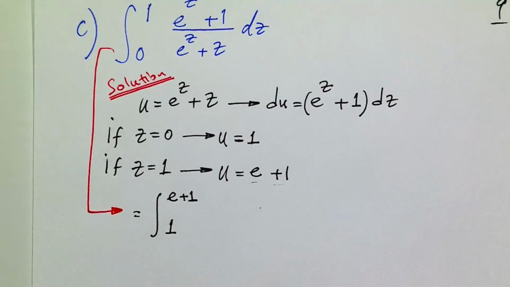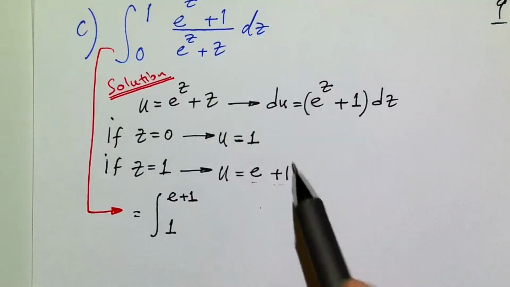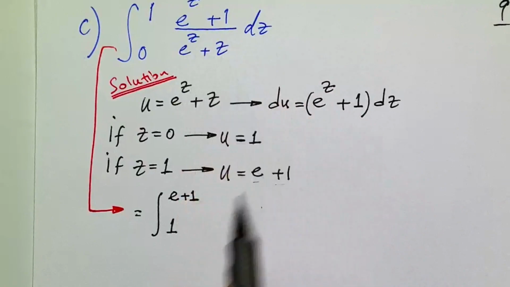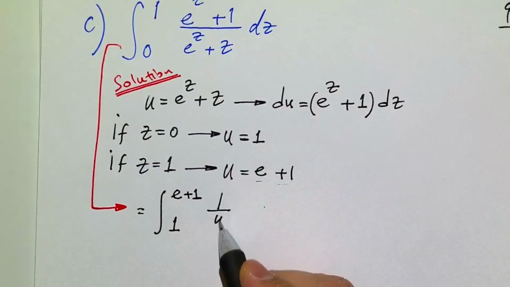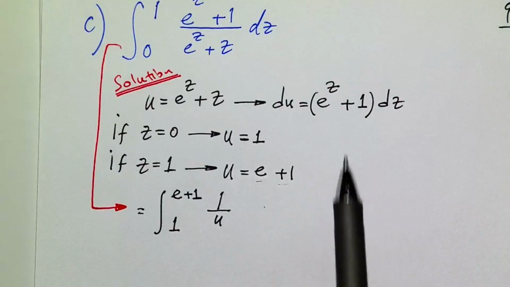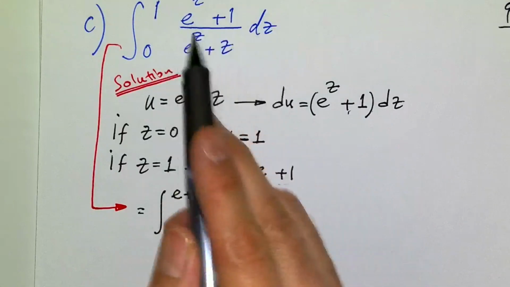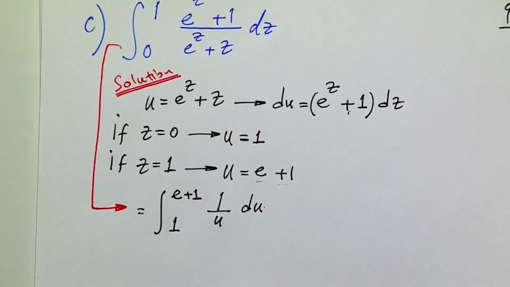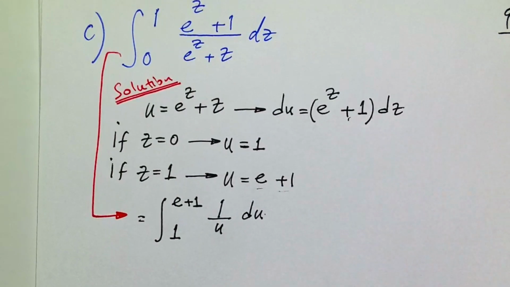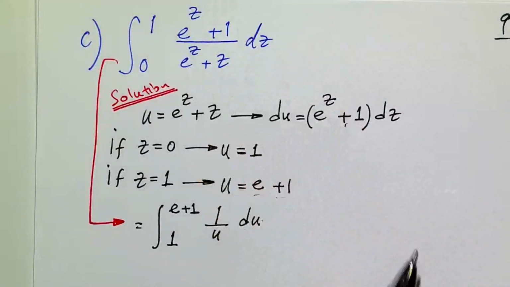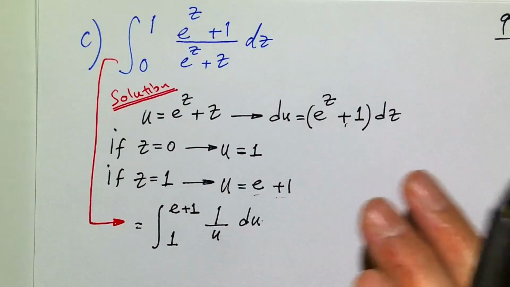And of course, that would be then substituting for the rest of it. We have 1 over u, because e to the z plus z is what we picked, 1 over u, and then e to the z plus 1 dz was du. So du. Okay? That's pretty simplified. Look at that, compare it with what we have. Much, much more simplified, right?